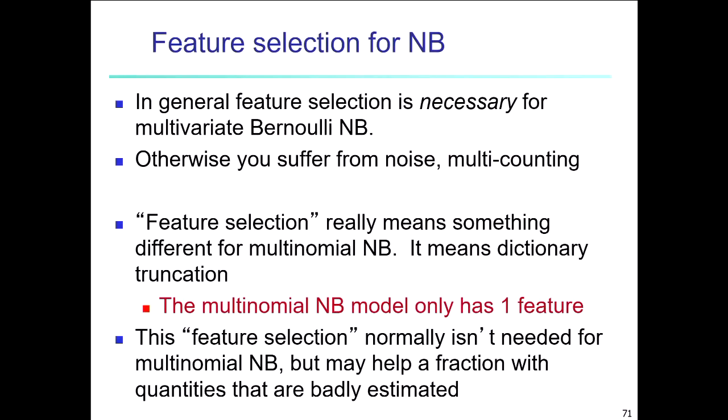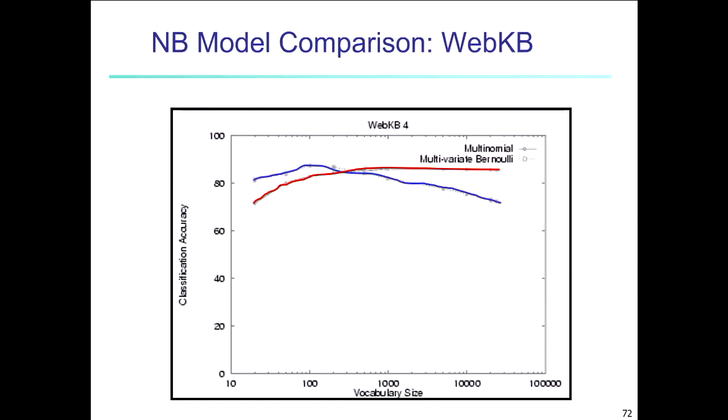So in general, feature selection is necessary for the Bernoulli model. Here, each feature corresponds to each word in the vocabulary.